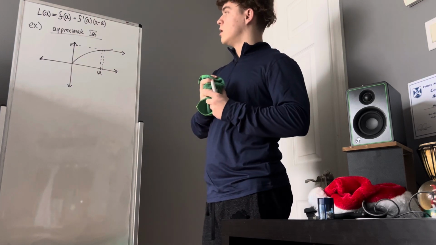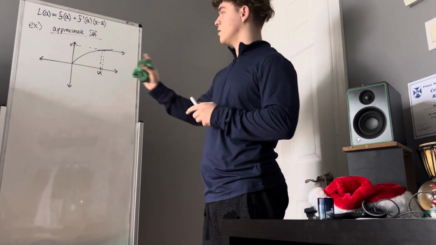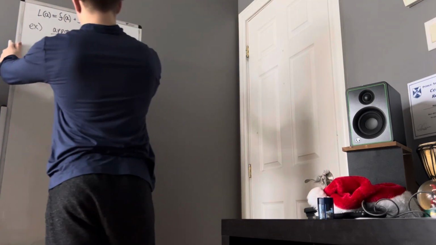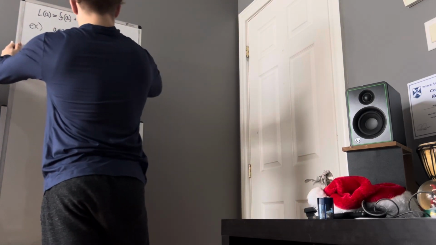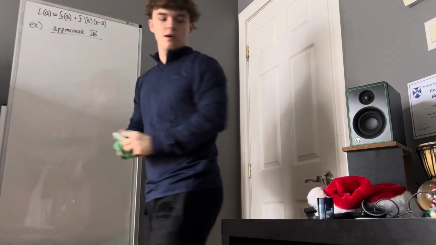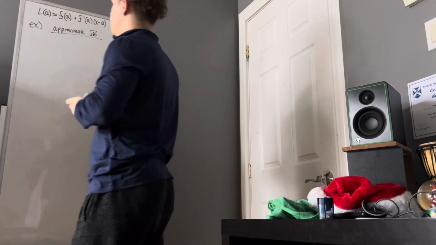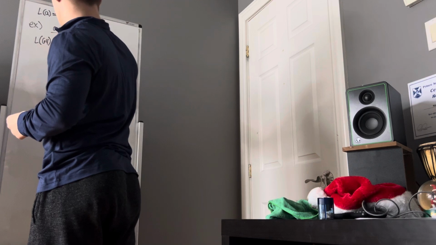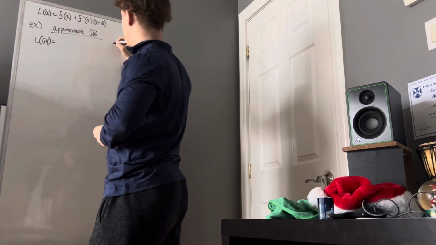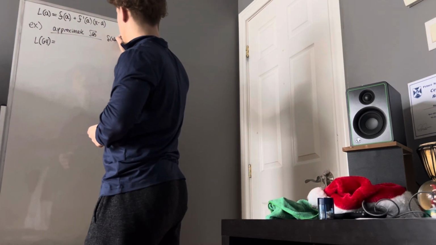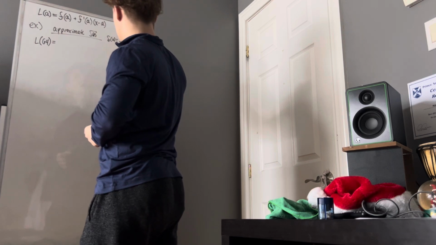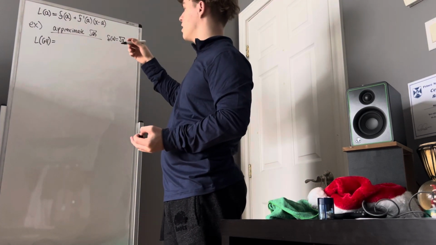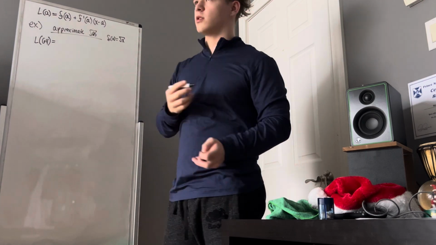So, let's approximate 65 using a tangent line at x equals 64 for f of x equals root x. Here we go. So, the linear approximation at the point of 64 equals, well, our f of x is root x. So f of a is root a, and a is 64. Root 64 is 8.